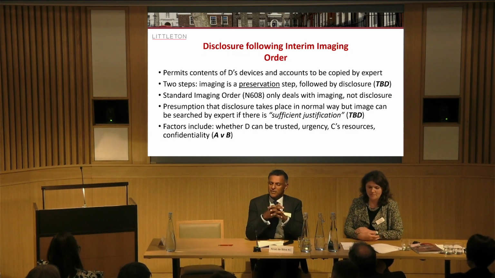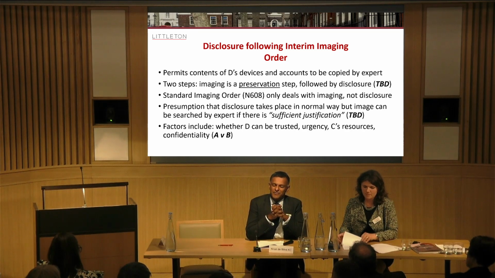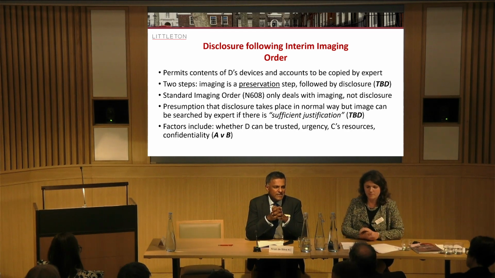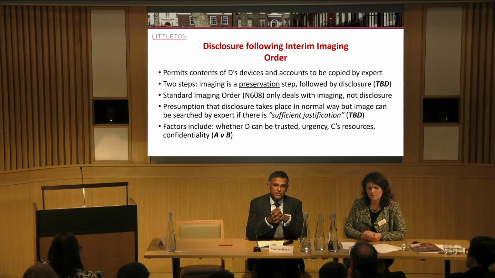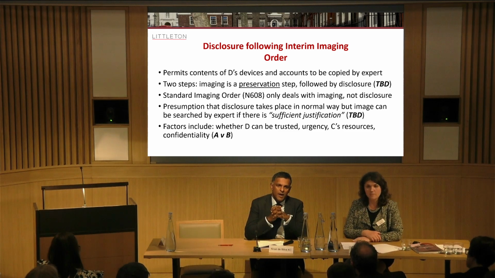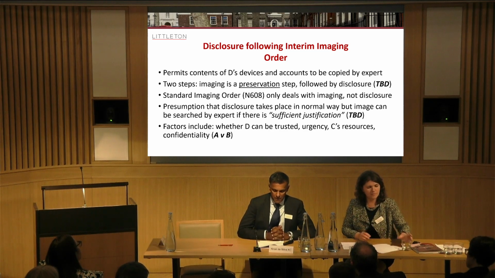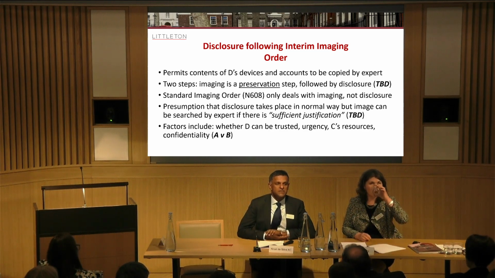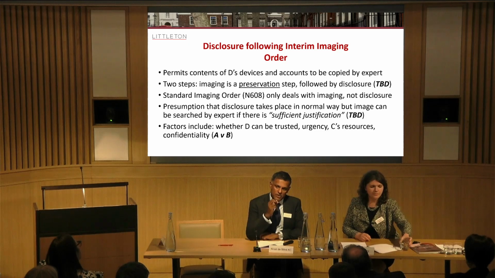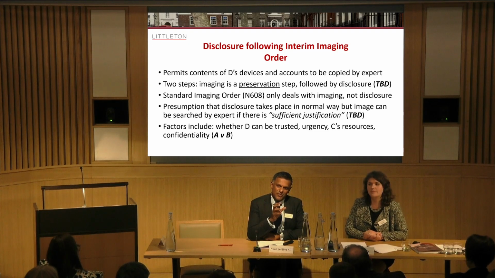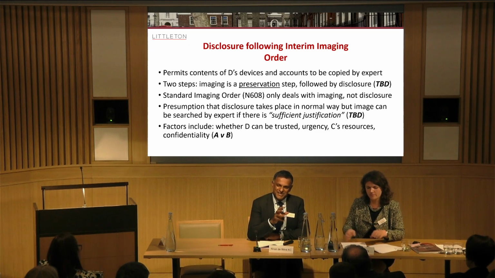So again, one of the features of this litigation is you often start the process with an interim order, and if there's been misuse of confidential information, the successful claimant applicant might have got an order that the defendant's accounts and devices be imaged. Just worth noting that there are two relevant processes here.